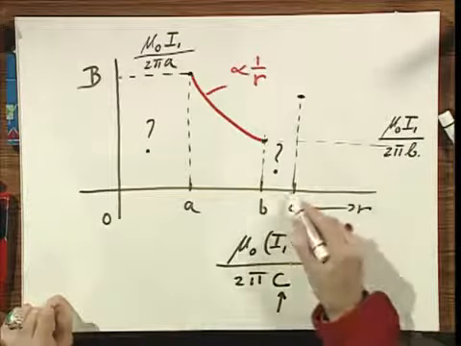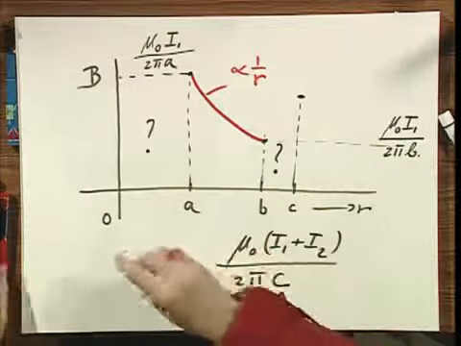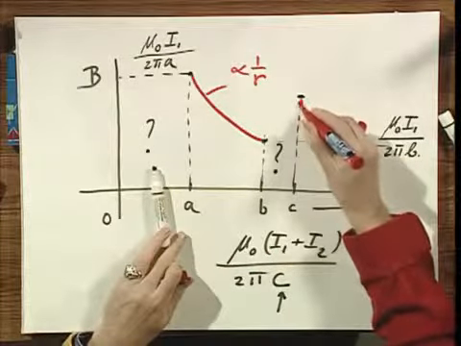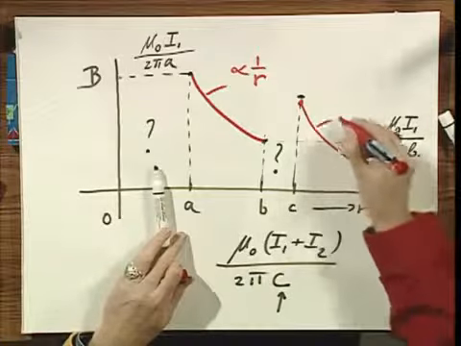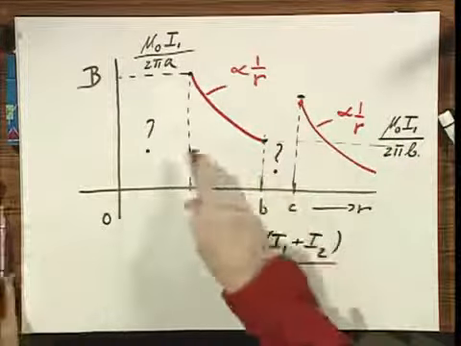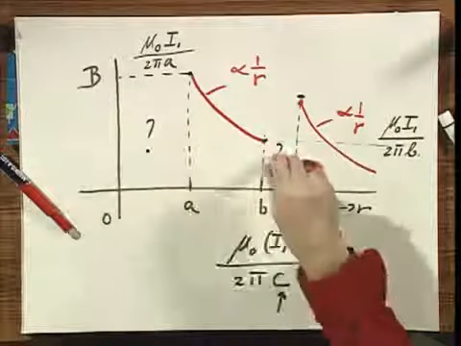That depends on c and b and on I2. So what I'm going to draw now is rather arbitrary. But let's say it's this high and it falls off as 1 over r. It's interesting for you to think about now already what it is doing in here and what it's doing in here.